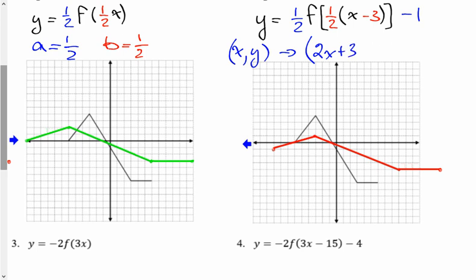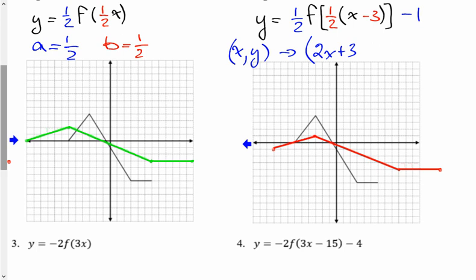So what's in my mapping notation is the opposite of anything I saw in my original function. Instead of a half, it's a 2. Instead of a minus 3, it's a plus 3. And there are no brackets. Because first I'm stretching, so I'm doing the multiplication order of operations. I'm stretching the x values first, then I'm translating them.